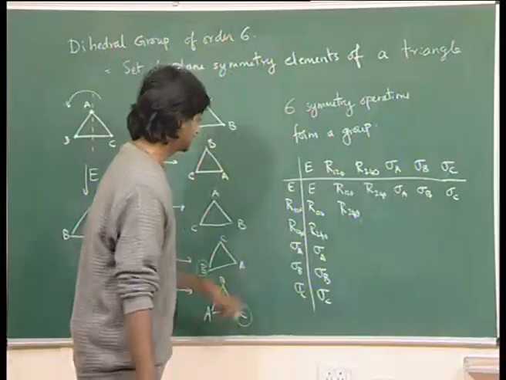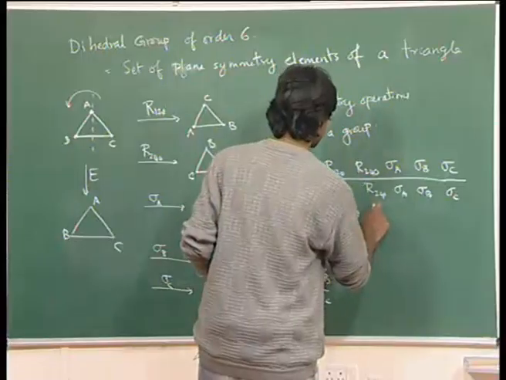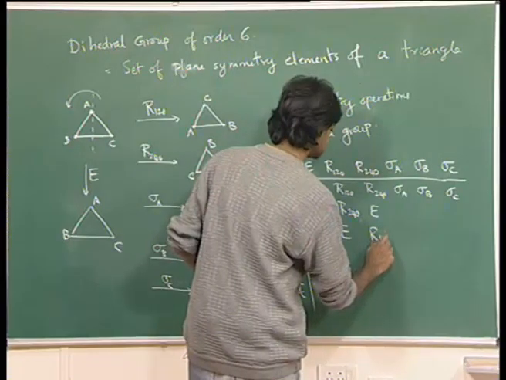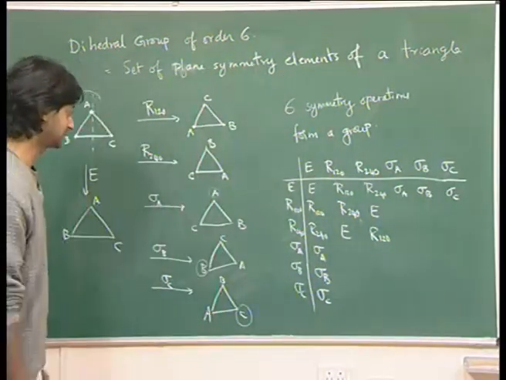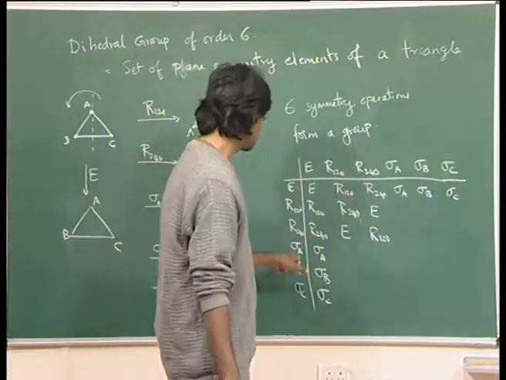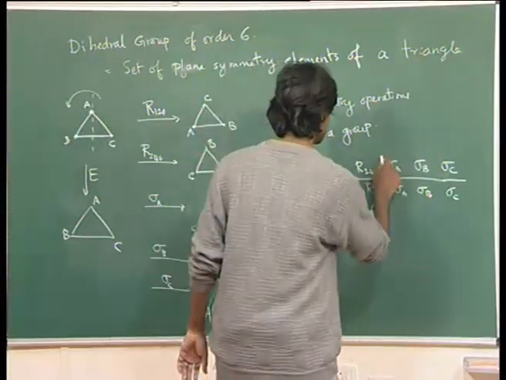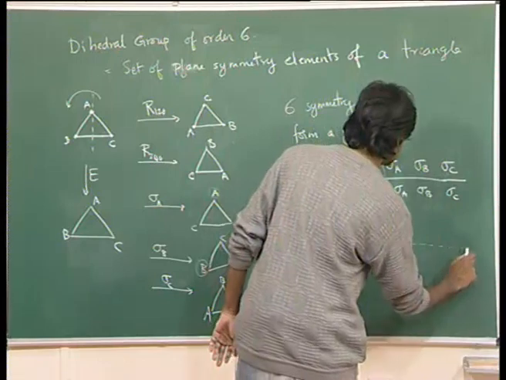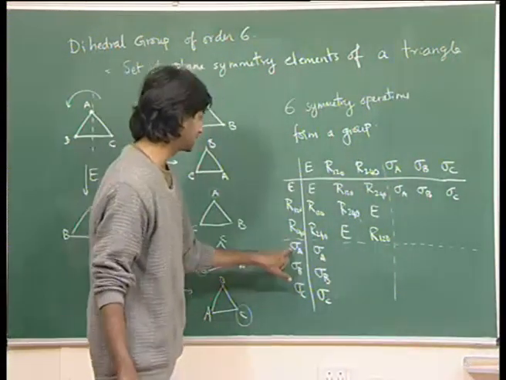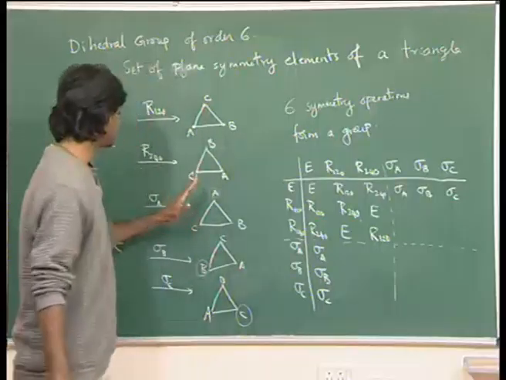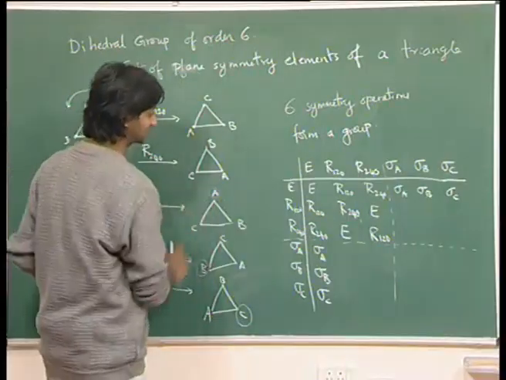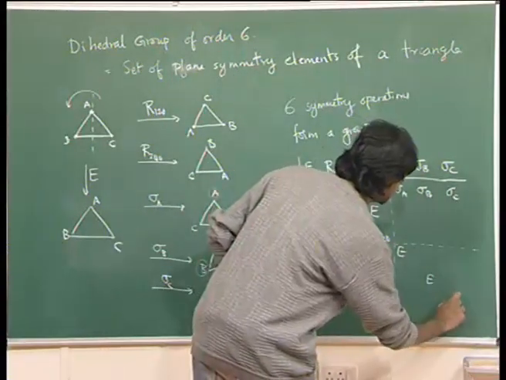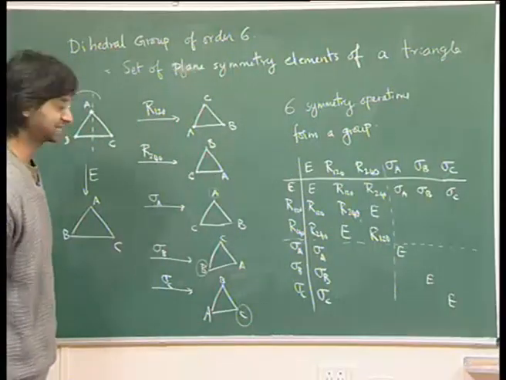Okay. And rotation by 120 followed by 240 is nothing but the identity, and you can fill in this part quite easily. Now, suppose I do sigma A and I again do sigma A. So, I reflect about this plane and then again reflect about this plane, that is nothing but the identity. So, this is identity, and similarly this is identity and this is identity.